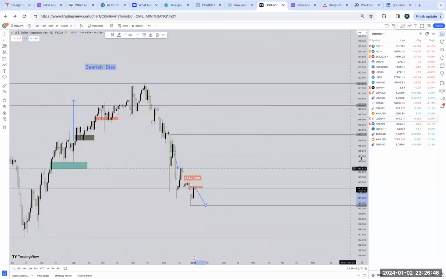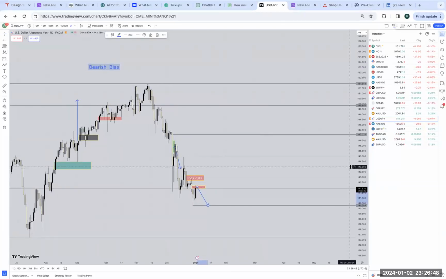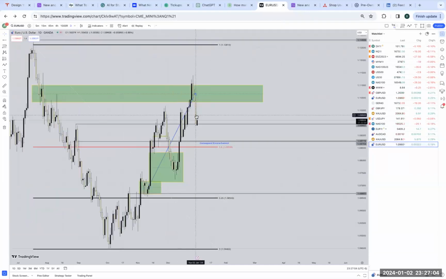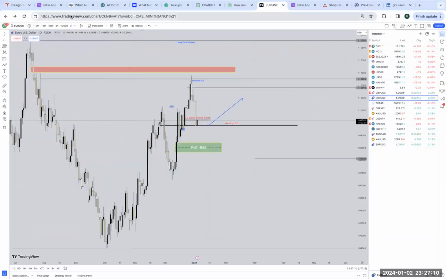I'll just focus on those main three. So obviously on dollar index, we want to see price drop, and that's why we think anything where the dollar is the primary currency in the pair, we wanted to line up with that. So we want to see bearish bias on USD JPY. We want to see a bearish bias on Euro USD. I'm sorry, a bullish bias on Euro USD.